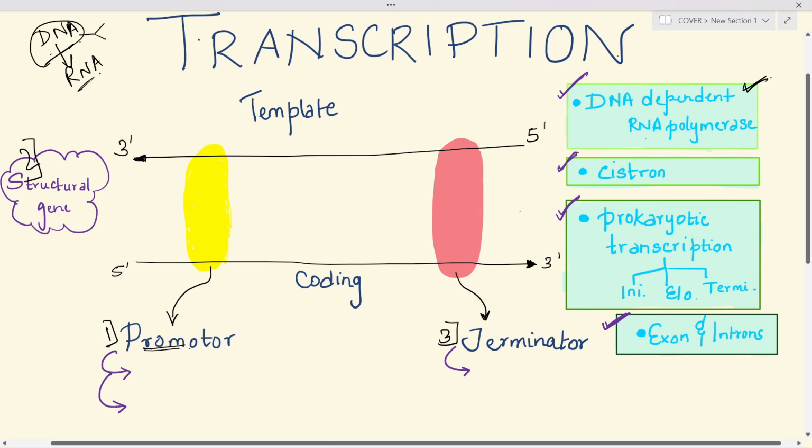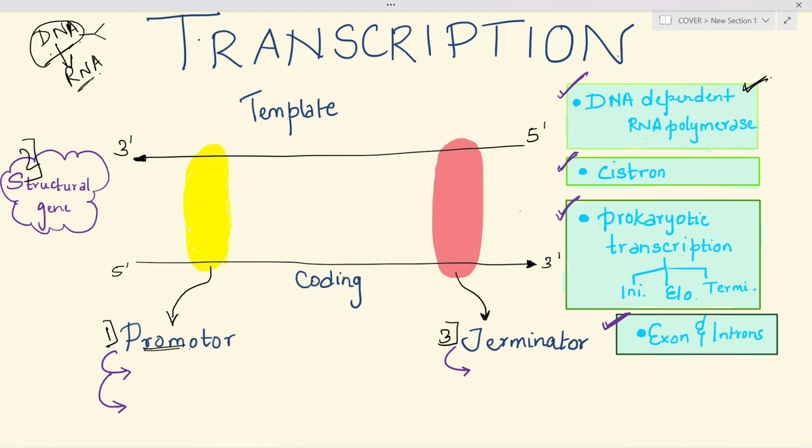That is, from DNA we are making RNA. We make it as this symbol so that it may be easier. This person comes towards the promoter region. He always recognizes a structural gene from its promoter, so it comes towards the promoter region.